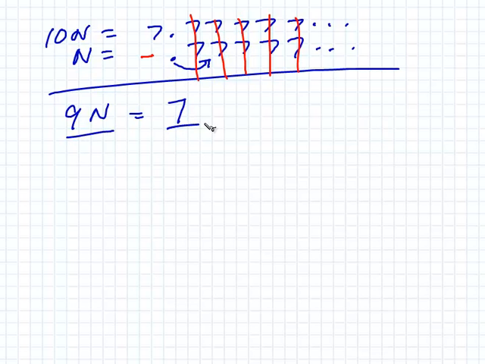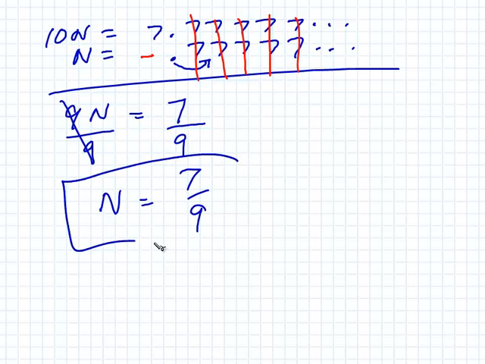Let's divide both sides by 9, and that gives us n equals 7/9. Okay, so here again we were able to take an infinite repeating decimal, and by applying the same kind of technique as before, except this time the block was only 1 digit long, we're able to recover it in the form of a fraction. Okay?